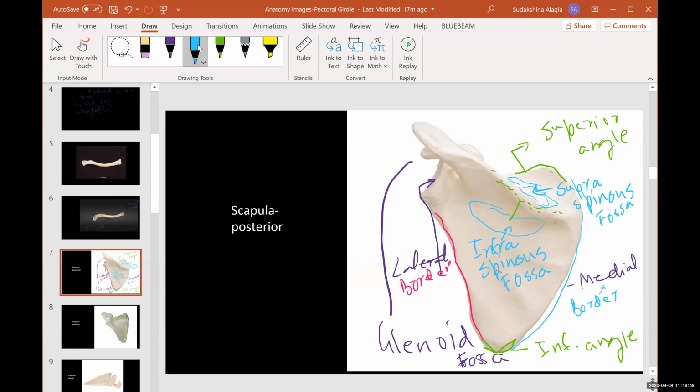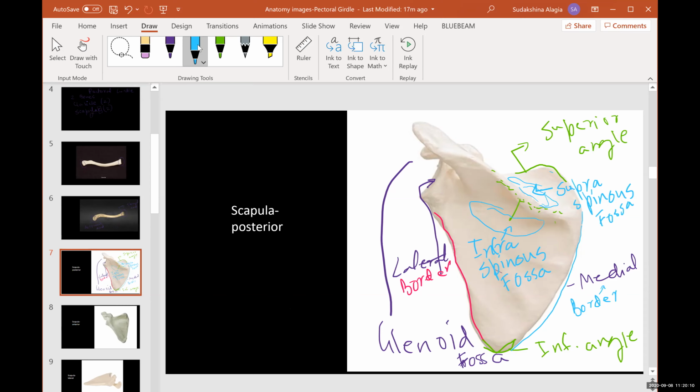You want to have your thought process organized in that order. This is how you want to think. You have a structure in your hand. The first thing you want to do is ask, is there anything remarkable that helps me identify what side of the body this is, how is it in the body? What aspect am I looking at, posterior or anterior?